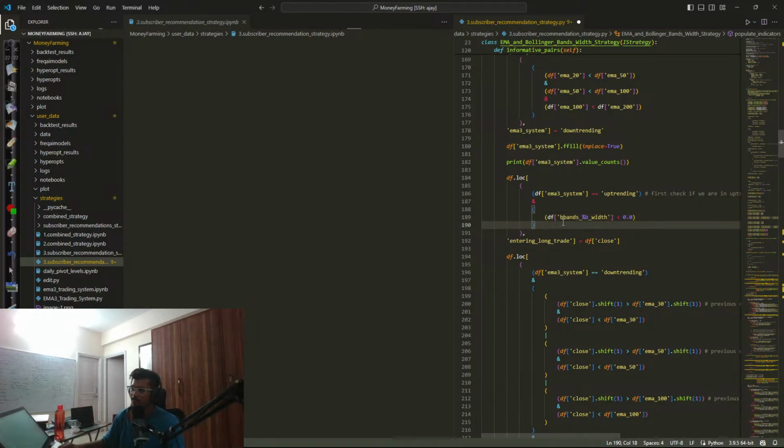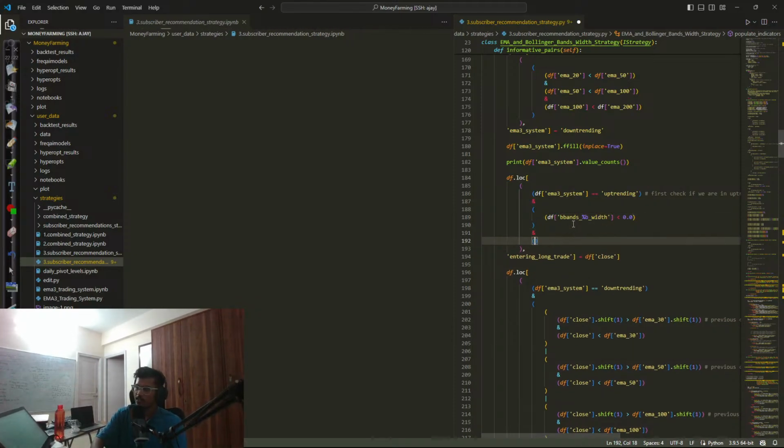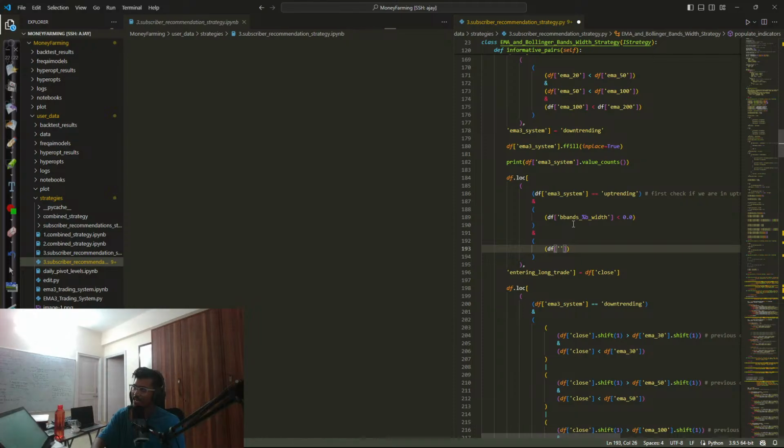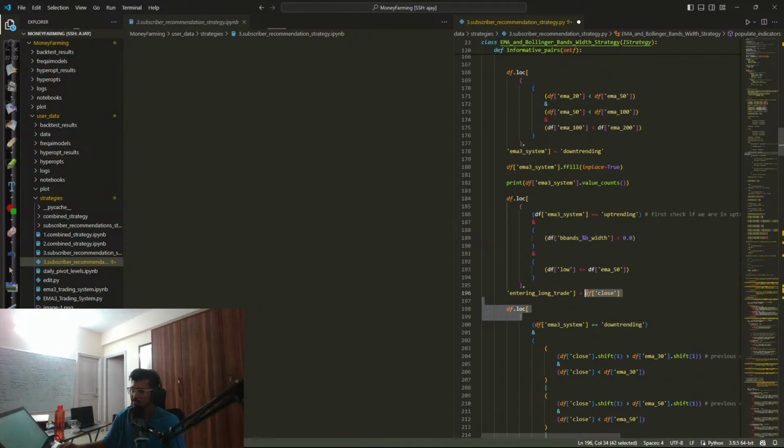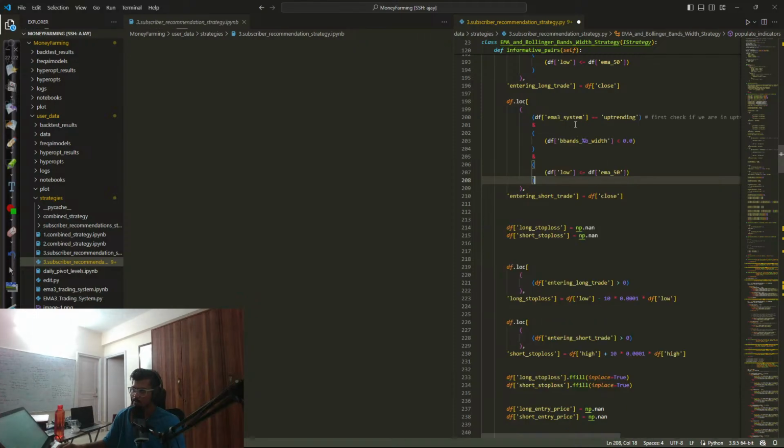You're right. So B bands less than 0, and what we want to see is whether my candle is below the 50, so low is less than or equal to EMA 50. Okay, I got that. Now I just replicate the same thing in this one. Instead of uptrending, I want downtrending, and width should be greater than.